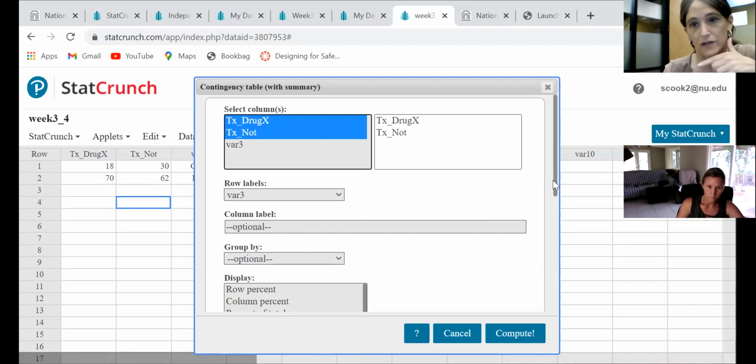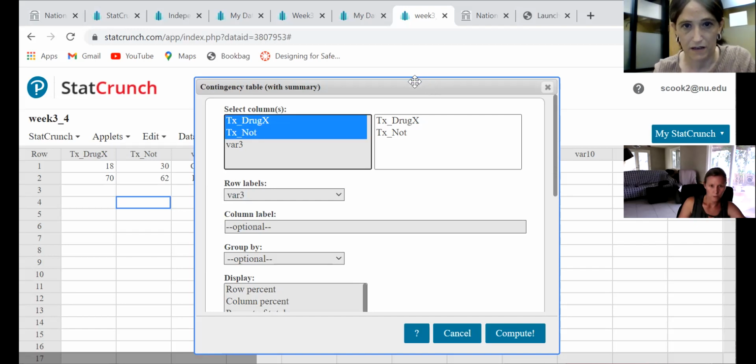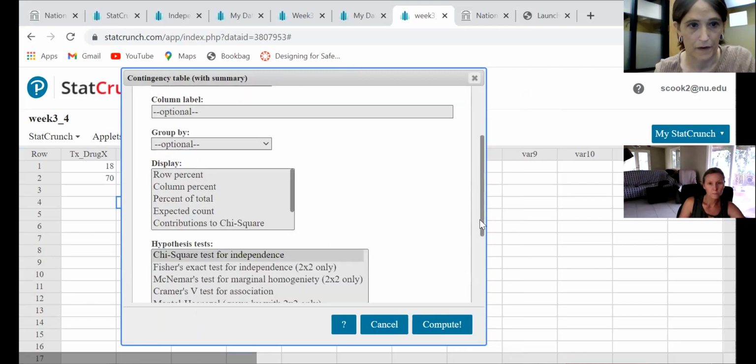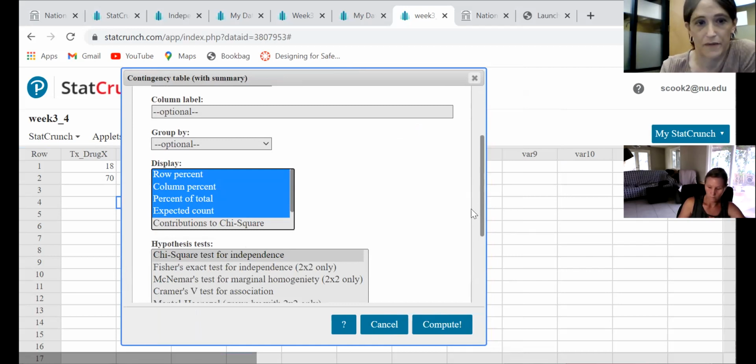And it's down here that you can add some additional statistics. So I will add row percents, column percents, all the things that it asks you to do. Percent of total, expected counts, chi-square test, okay? And then I'll compute.